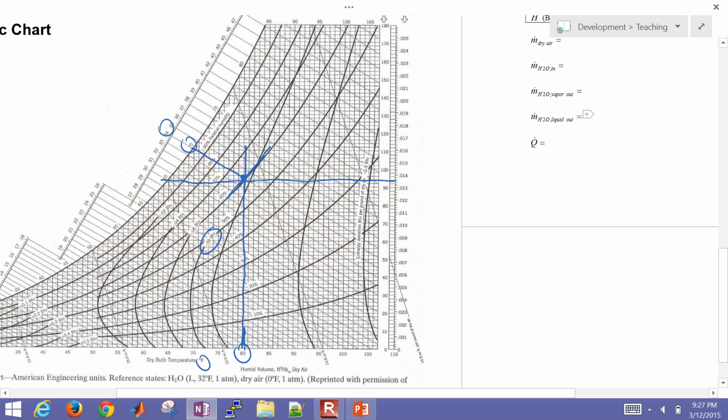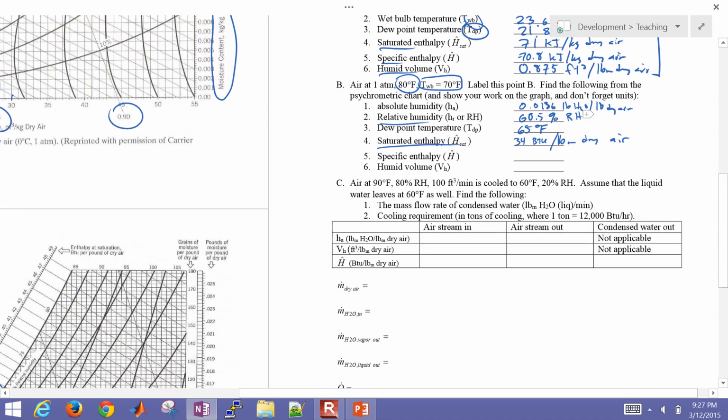Follow these curves up, and this one right here. This is negative 0.8, negative 0.6. It's about 0.6 or so, it looks like.